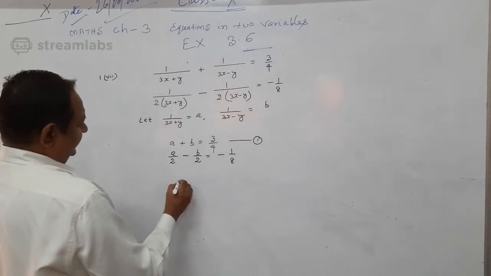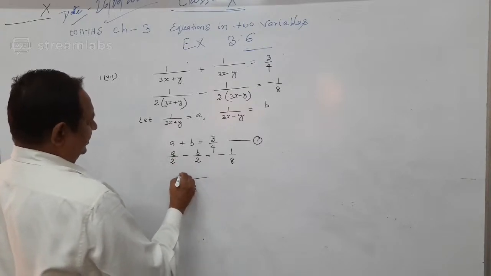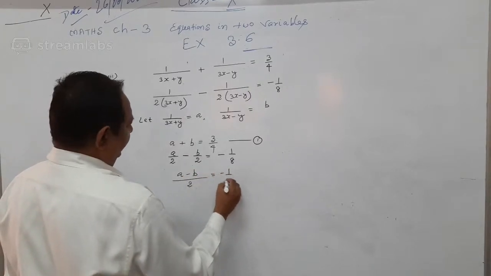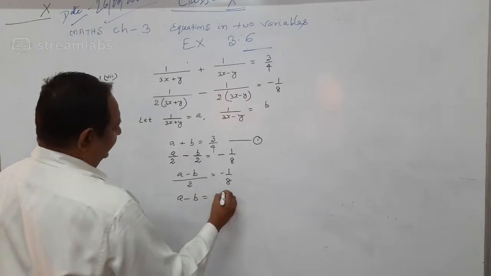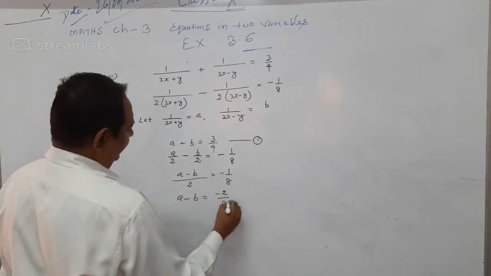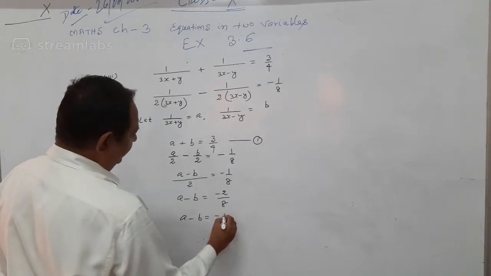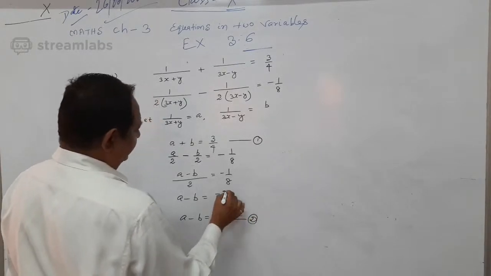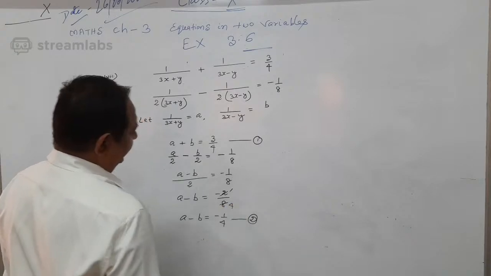So this can be written as, since denominator is same, so LCM is 2, a minus b is equal to minus 1 by 8. It is a minus b is equal to minus 2 by 8. So a minus b is equal to minus 1 by 4. Say equation number 2, in the simplest form.